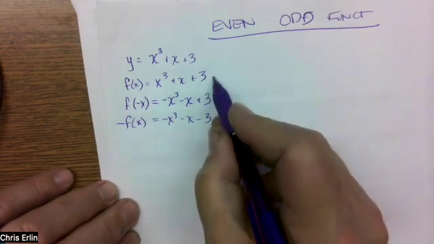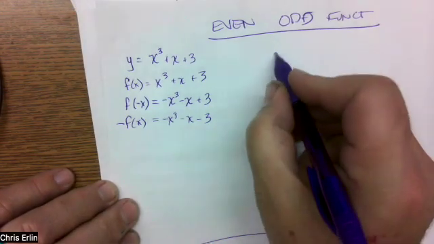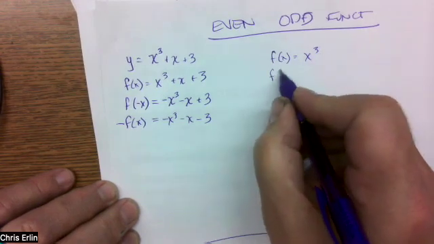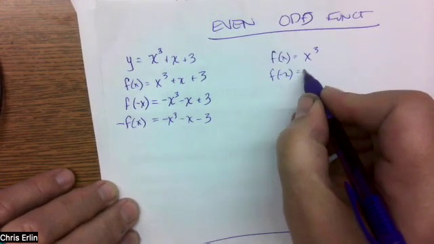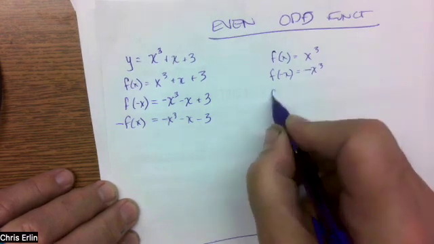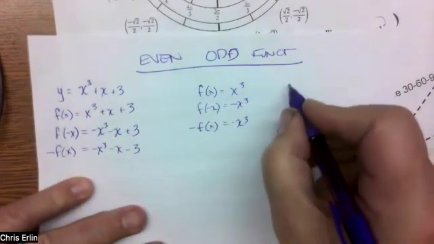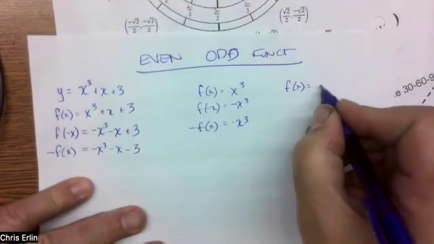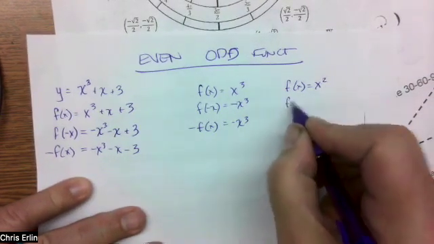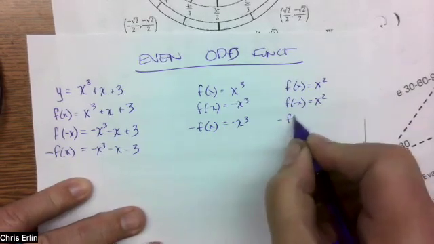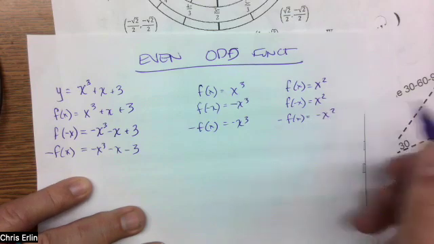If I find that these two end up the same, like for example, if f of x is equal to x squared, f of negative x is equal to x squared, negative f of x is equal to negative x squared.